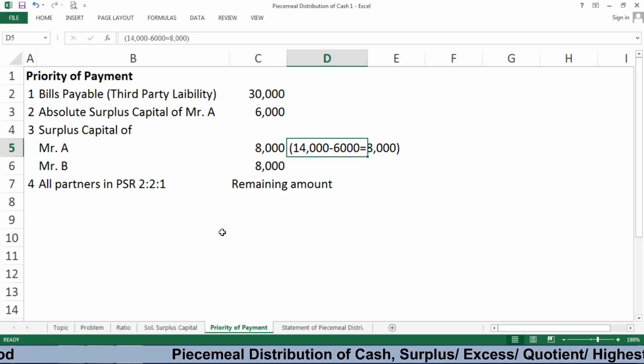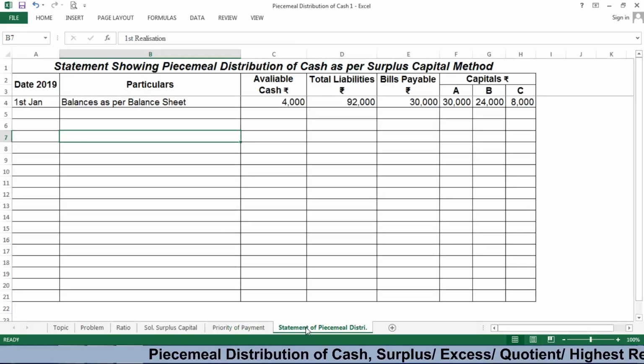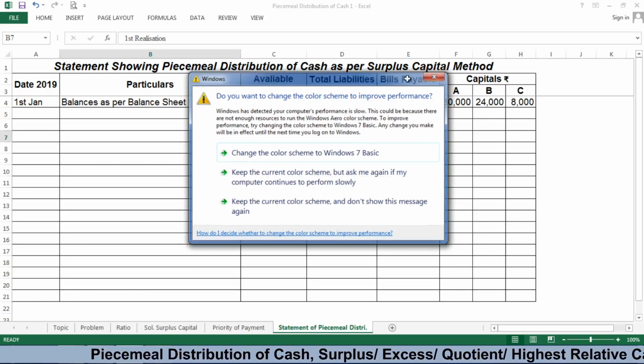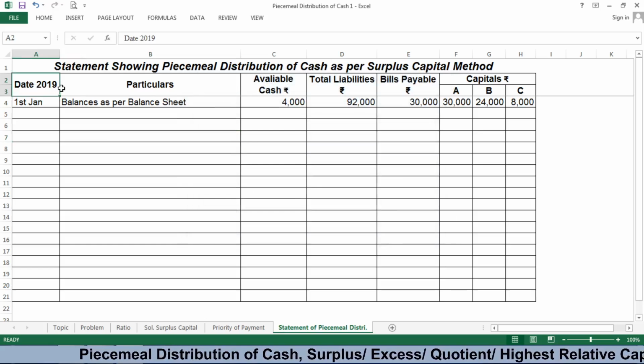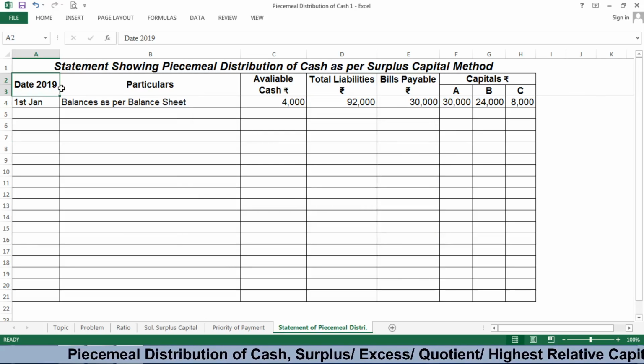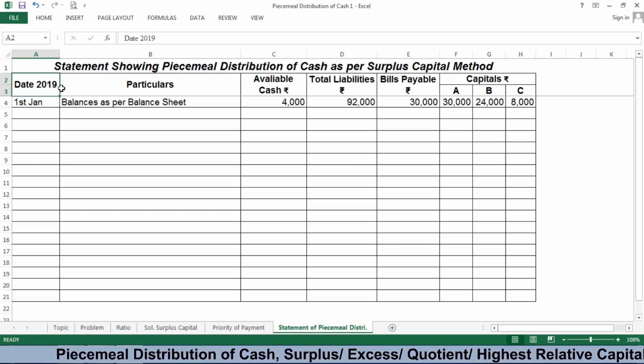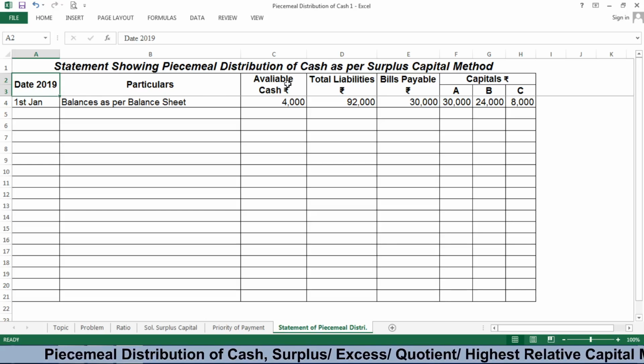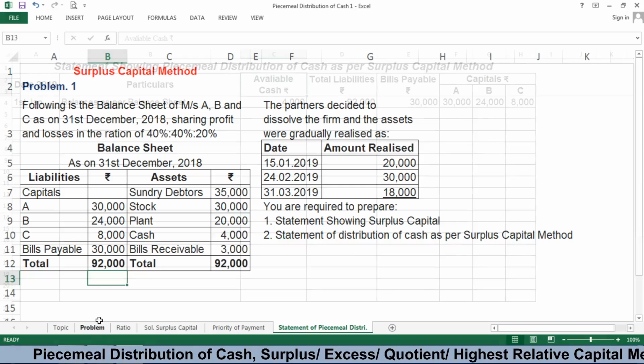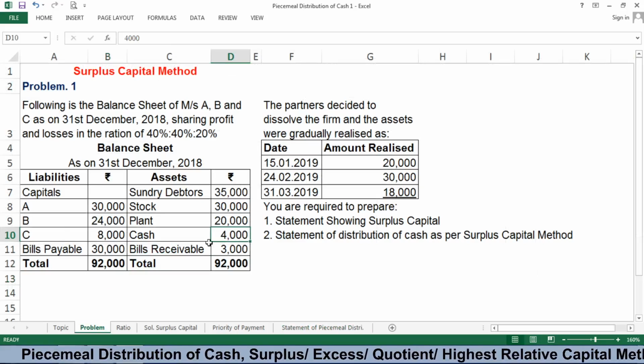Let's see the solution, that is statement showing piecemeal distribution of cash. Here it is a statement which shows the piecemeal distribution of cash as per surplus capital method. First of all, you have to draw the columns as date column, and we mentioned the year 2019 already over here. Then particulars, then available cash, how much cash we have available, only 4,000 on the asset side.